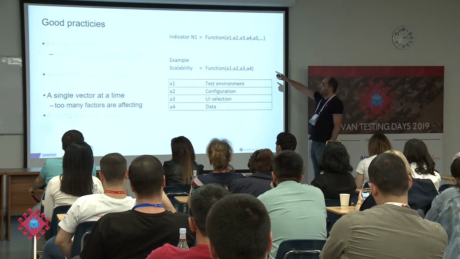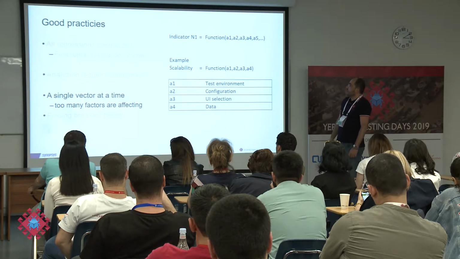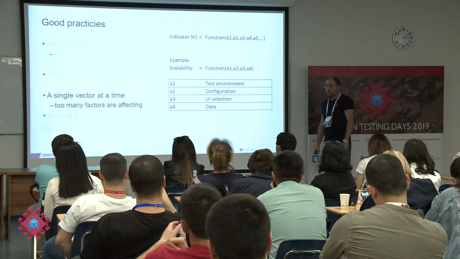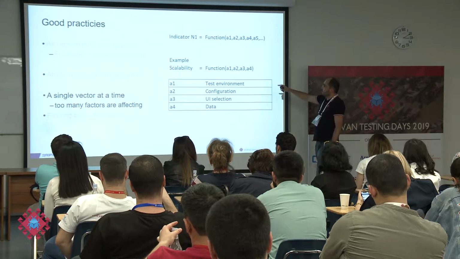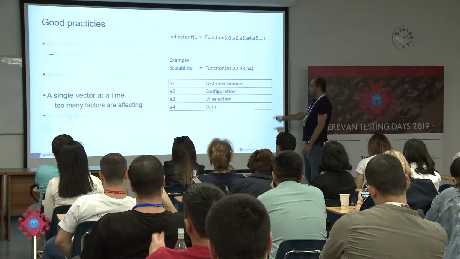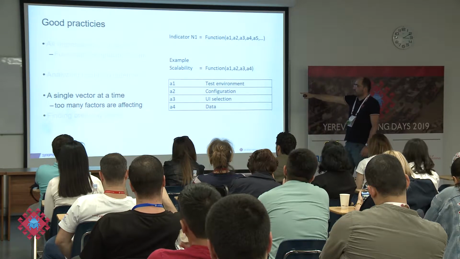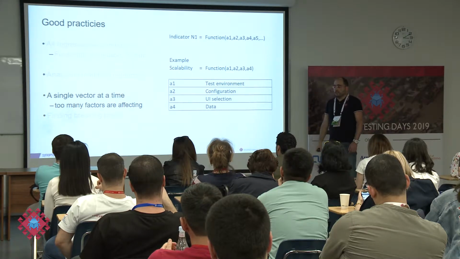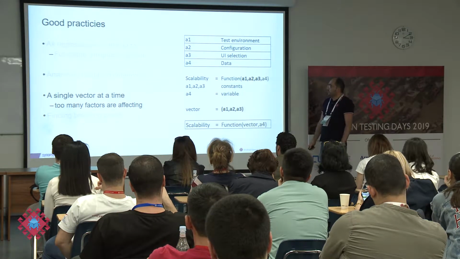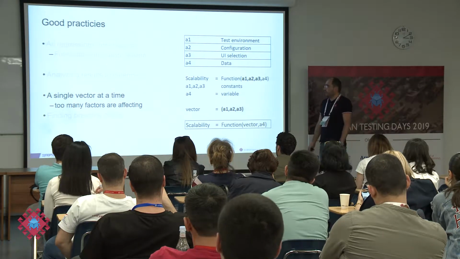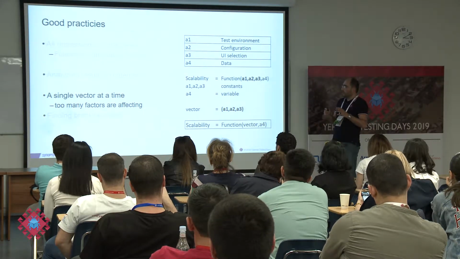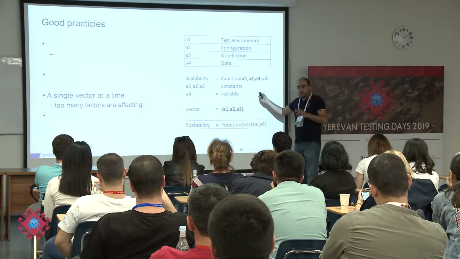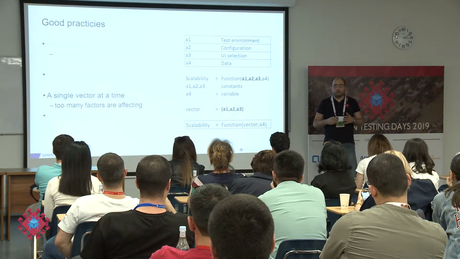Let's say, for example, we have a function which has, let's say, 4 properties, and one of them is test environment, second configuration, whatever the user selected on UI, and data. So by saying a single vector at a time, I mean we need to make 3 of them constant and just change one of them at a time.